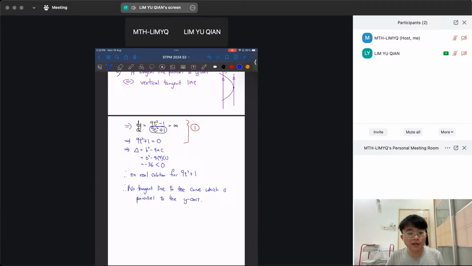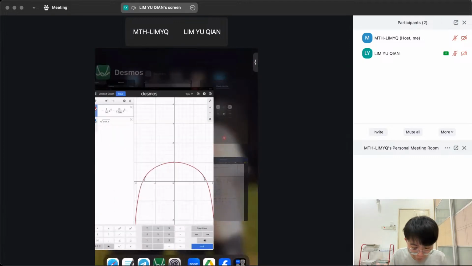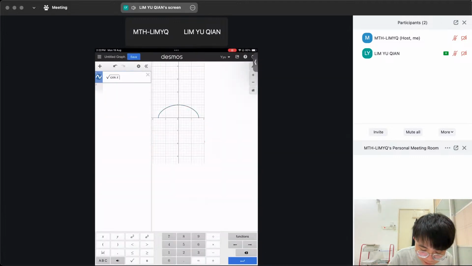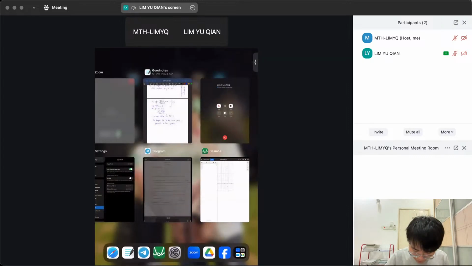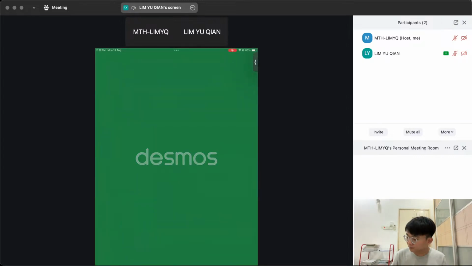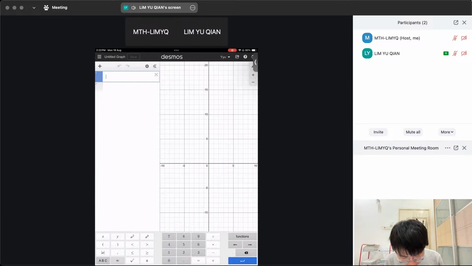Okay, let's verify our answer. Let's plot the curve. So it should be what?